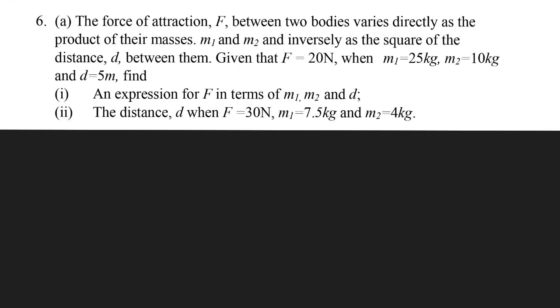All right. Question 6a says that the force of attraction F between two bodies varies directly as the product of their masses m1 and m2, and inversely as the square of the distance, that's over d square, between them.